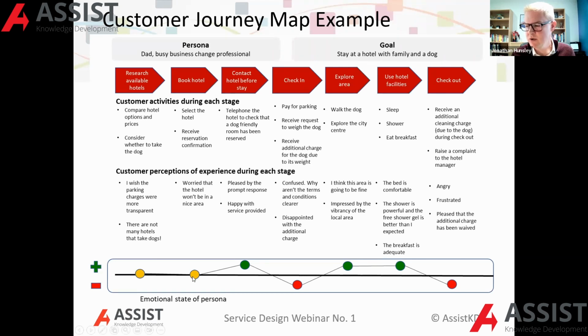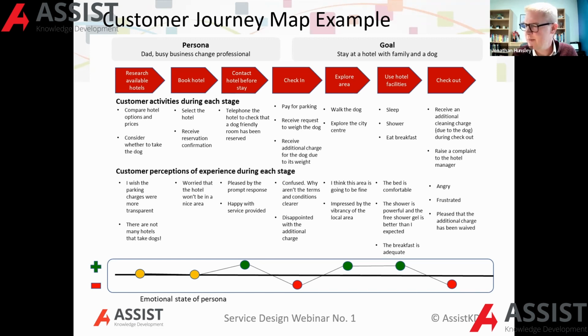So you can see the emotions at this point are going from amber up to green. Then they arrive at the hotel, they pay for their parking, and they receive this really odd request to weigh their dog. And they find out as they check in that if the dog's over 25 kilograms, they have to pay an additional surcharge.